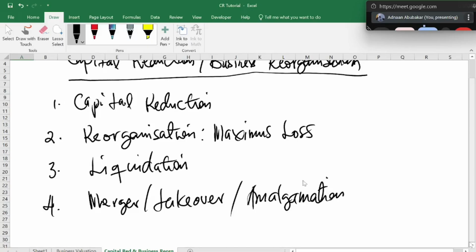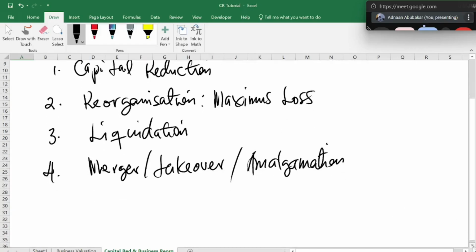So these are the four areas we'll be looking at. The capital reduction we will treat as separate. Then two and three will be taken as one subject area, and then four will also be taken as one area.